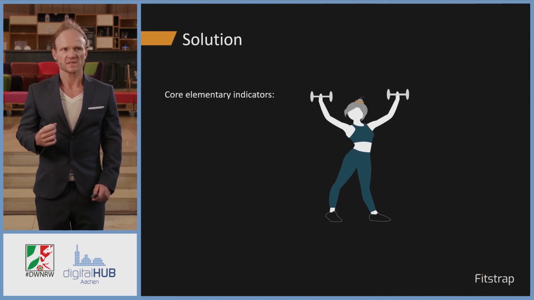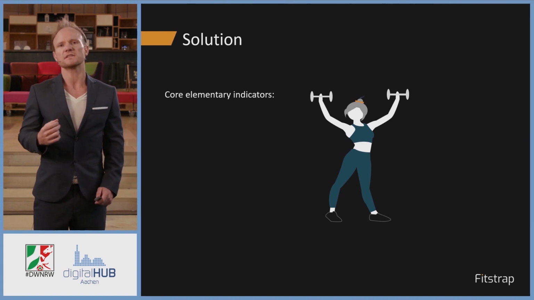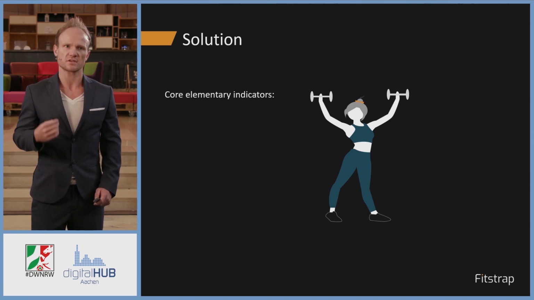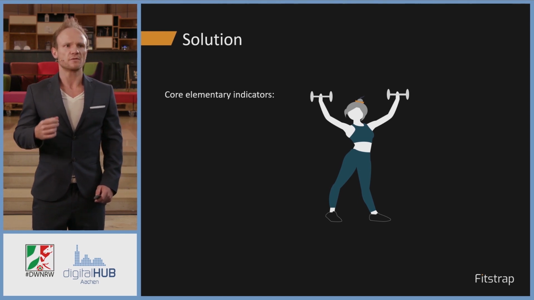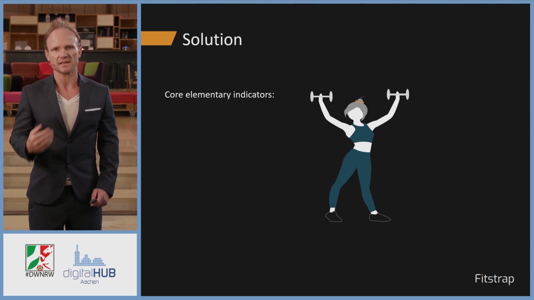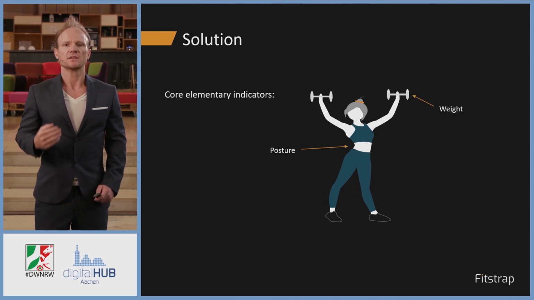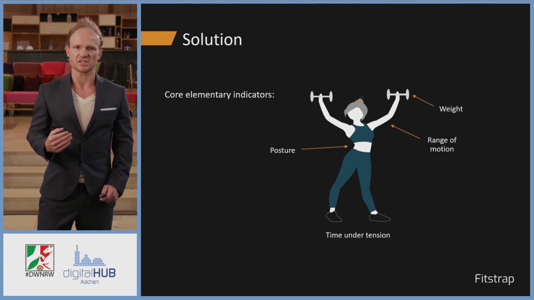We from Fitstrap tackled this problem and gathered tons of information about exercises, the right execution and posture from sources like physiotherapists, trainers, and the Sporthochschule Köln. All this led to 4 core elementary indicators of exercises: the user's posture, the weight, the range of motion, and the time on attention.